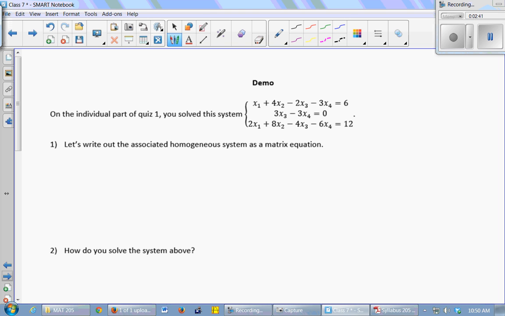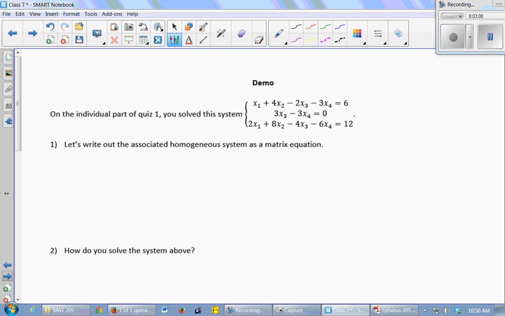Okay, so on the individual part of quiz 1, you solved this system. So this is 3 equations, 4 unknowns. Let's write out a matrix equation for the associated homogeneous system.